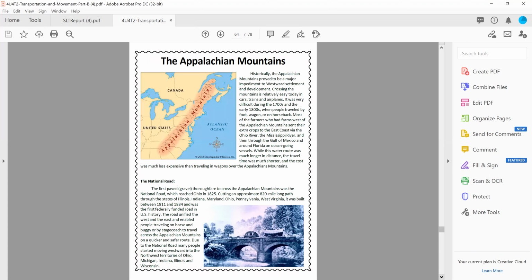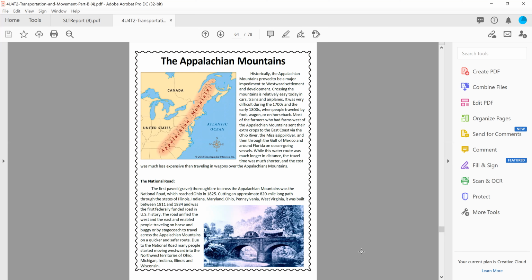Now I'm going to read to you this text. The Appalachian Mountains. Historically, the Appalachian Mountains proved to be a major impediment, which means a thing that made crossing them difficult, to westward settlement and development. Crossing the mountains is relatively easy today in cars, trains, and airplanes.